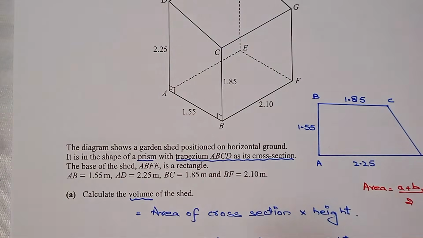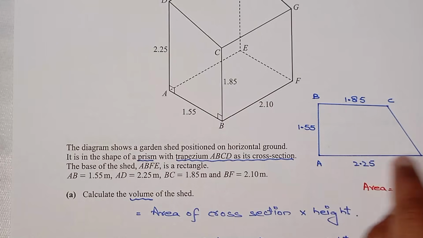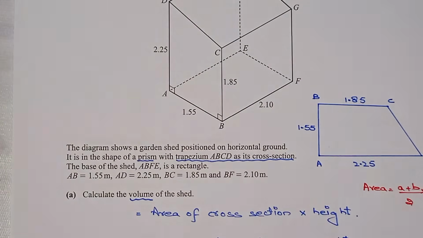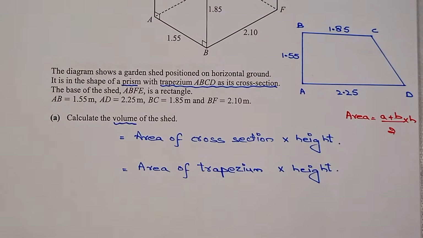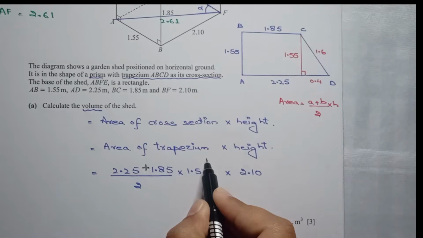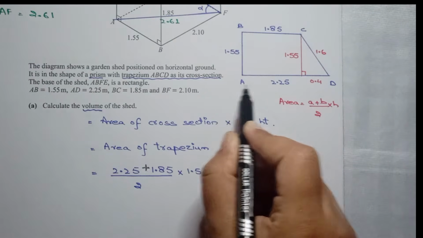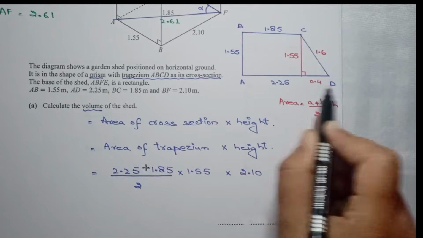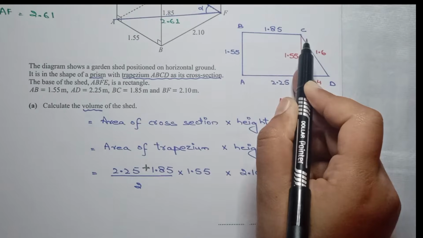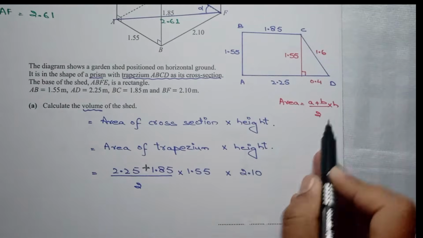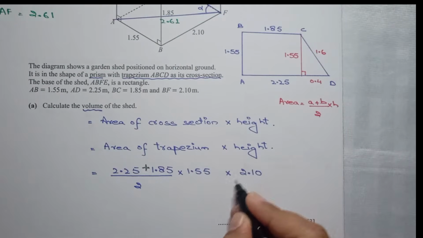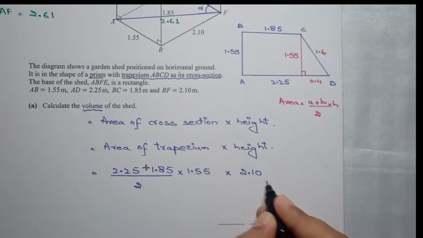So what is a and b? a is base 1, b is base 2, and times this height, right? So the area of the trapezium is base 1, that is 2.25, plus base 2, that is 1.85, divided by 2, times the height 1.55, and then times the total length of the given shape, that is 210.